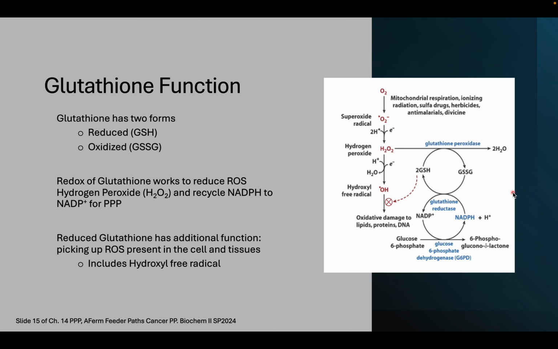So glutathione is a metabolite that is key to a feeder pathway of glycolysis known as pentose phosphate pathway. Now, pentose phosphate pathway has an oxidative and a non-oxidative phase. And in this oxidative phase, the first step is glucose 6-phosphate, one of the key precursors to glycolysis, being converted to 6-phosphogluconolactone.